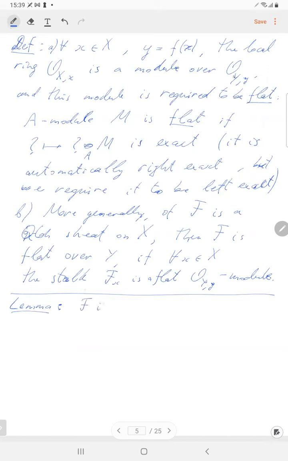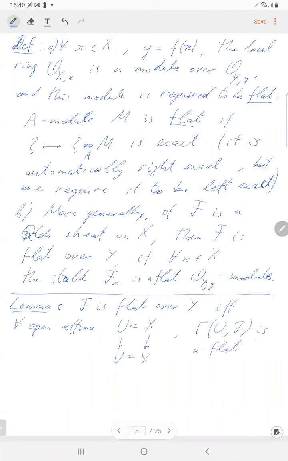F is flat over Y if and only if for any open affine subvarieties U in X and V in Y, such that U projects onto V, the global sections upstairs with coefficient F is a flat module over the structure sheaf downstairs, so O of V module.